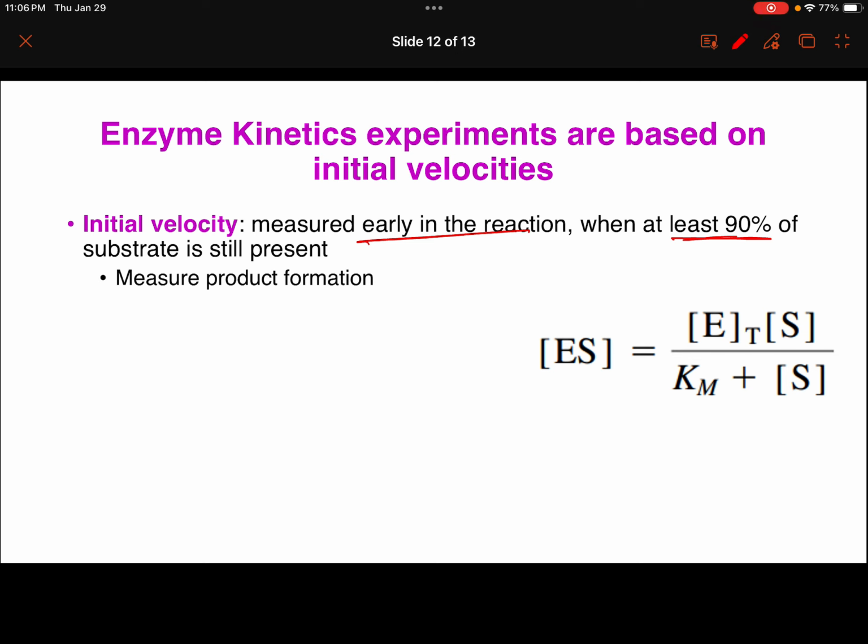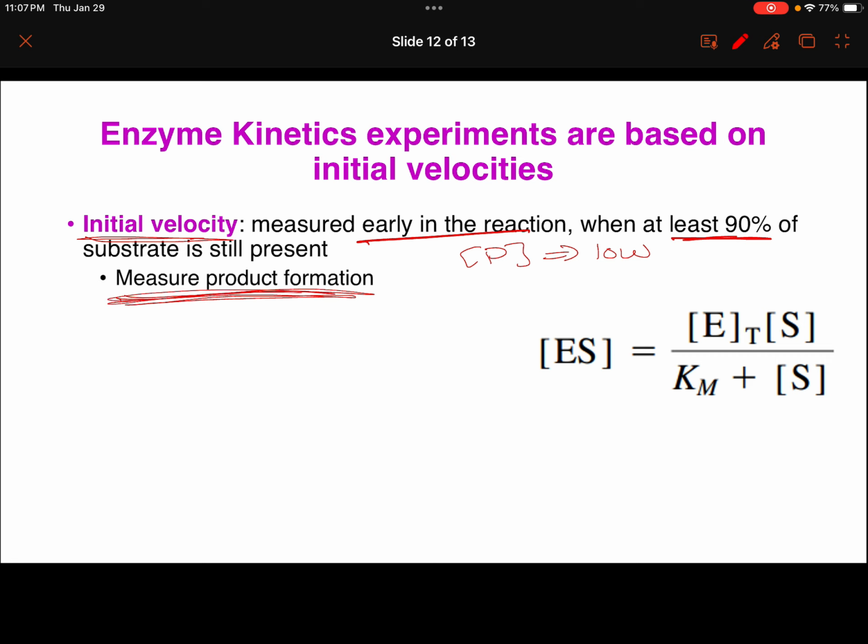And then we're going to measure product formation, right? The reason it's important to use the initial velocity is going back to the idea of any potential effects of having product build up. This keeps our product concentration low, so we're not going to have any effects from product starting to build up.